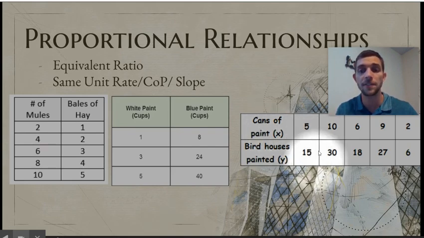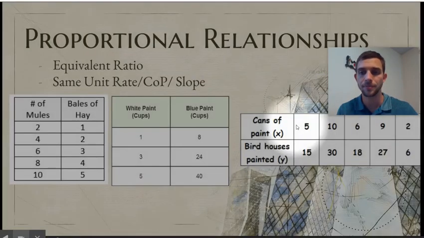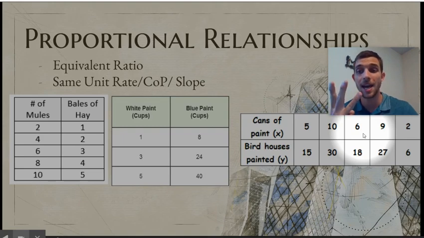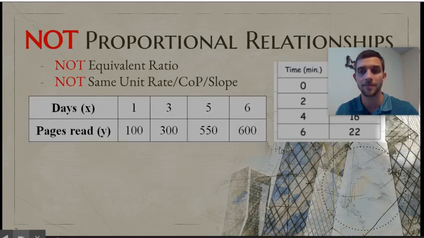So we're going to take 15 divided by 5, which gives me 3 houses for 1 can of paint. Or 18 divided by 6 gives me, again, 3 houses for 1 can of paint. Or 6 divided by 2 still gives me 3 houses for 1 can of paint.